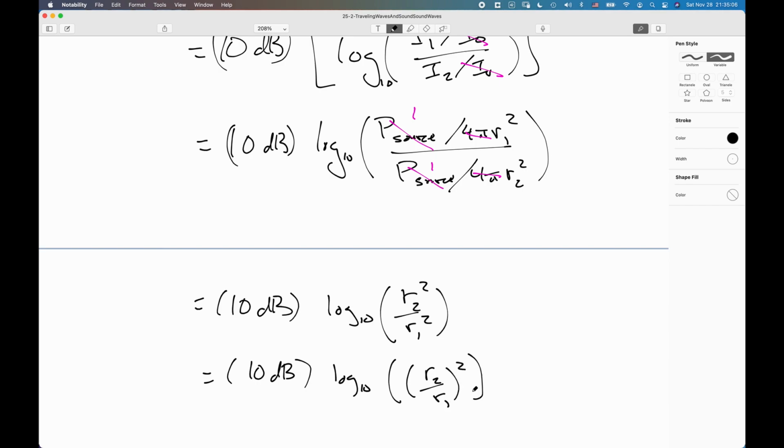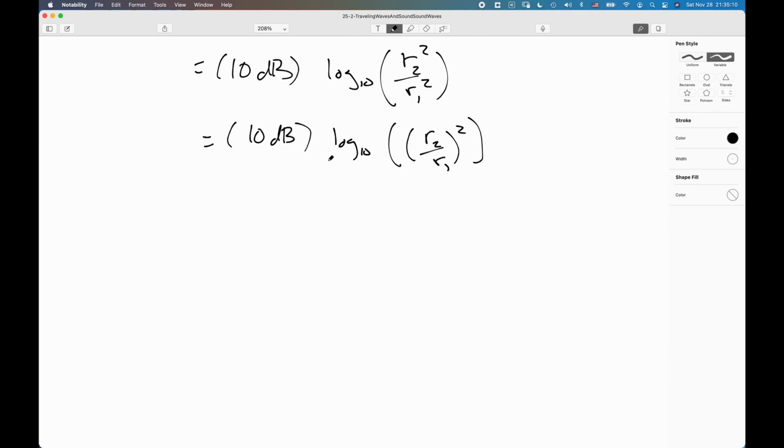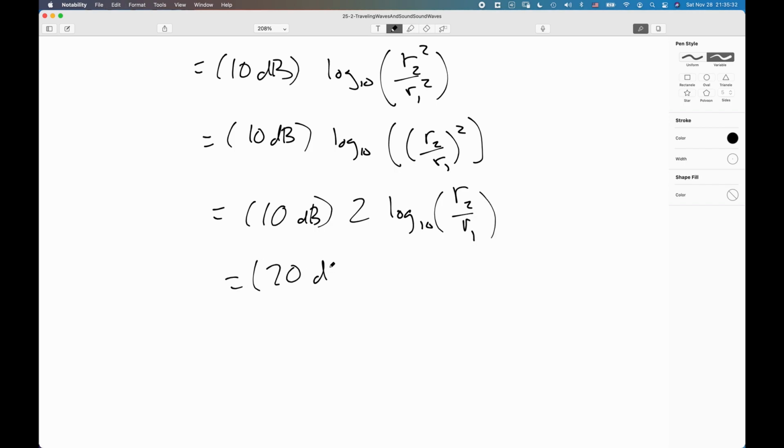Oh, hey, you didn't really think that was bonus content I gave you. That's another identity. The log of something to a power is the power times the log. So this will be 10 dB times 2 log base 10 of r2 over r1. So we can clean that up and make that 20 dB.